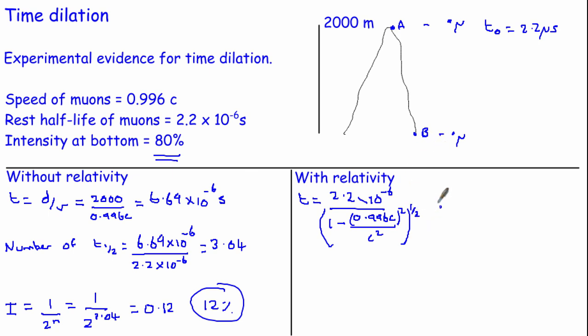And if we do that on our calculator, we end up with a time of 2.46 times 10 to the minus 5 seconds.